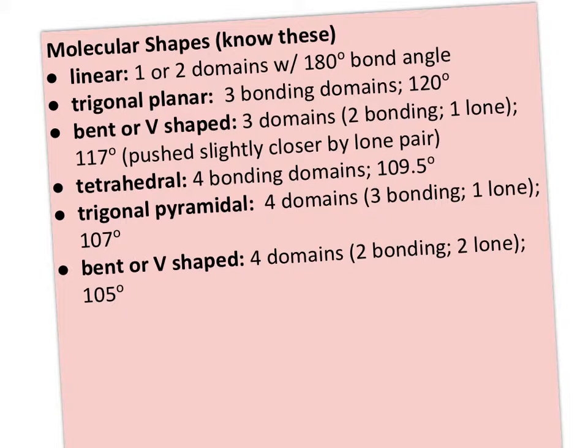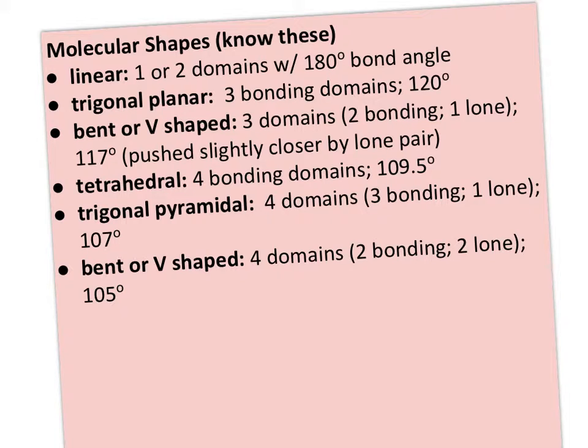And if we had that same arrangement with four domains, but two were bonding pairs and two were lone pairs, now the two bonding pairs would get pushed even a little closer to 105 degrees, and we would call that a bent shape.